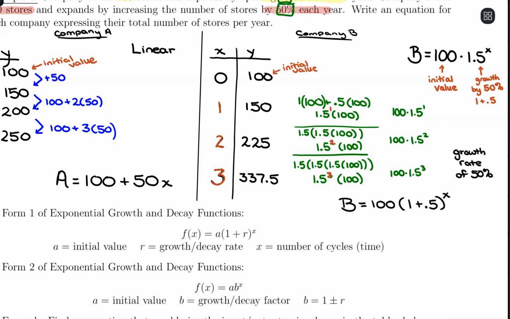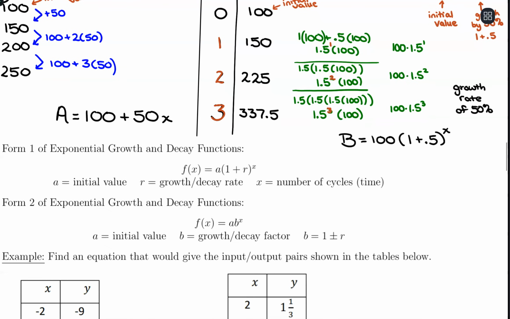This second form just carries out the addition or subtraction that's going to show up in the parentheses there. So the shortened form is a times b to the power of x. So a is the initial value. b is called the growth or decay factor.